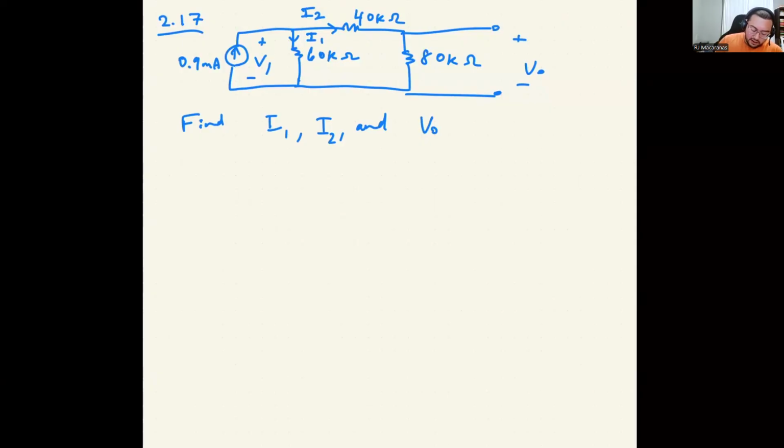Here they're applying the concept of current division, which has a very similar form to voltage division, but instead of more voltage being seen across the higher resistance, we have more current in the lower resistance path, the path of least resistance.